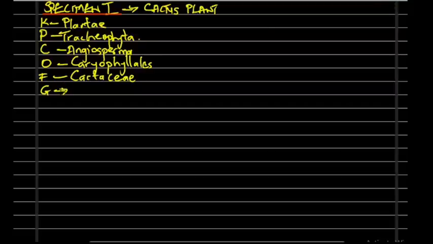We have Parodia, we have Ferocactus. Looking at so many examples, we also have Pachycereus and Blossfeldia. These are so many genera, so just mentioning a few here.